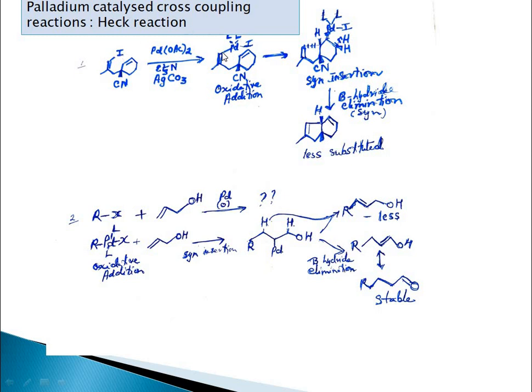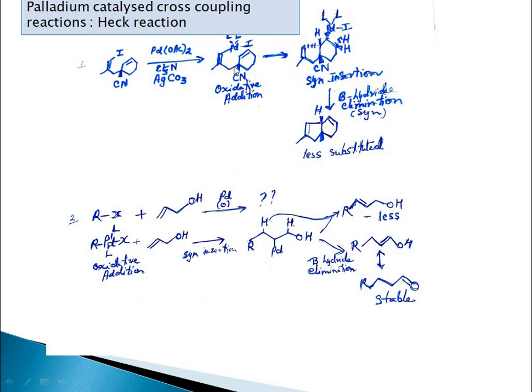So Pd with this unsaturated carbon, and at the other end we get this I. So in oxidative addition, as we can see, the valency of Pd has increased. This iodide has moved to palladium, and in place of iodide, a new linkage with carbon. So palladium is forming two bonds, one with this unsaturated carbon and the other with this iodide.